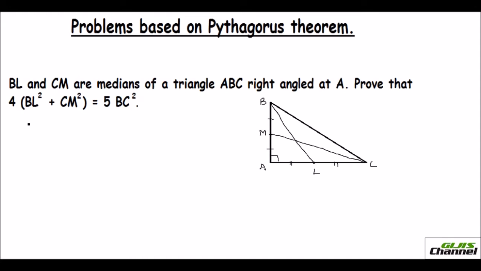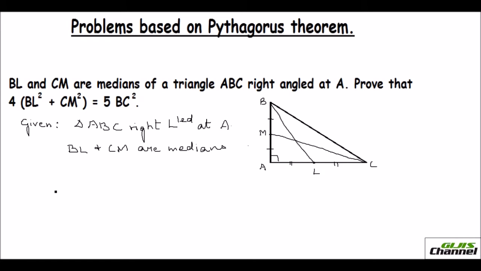So let me write what is given. Triangle ABC, right angled at A, right? BL and CM are medians. So even that I included in the picture.